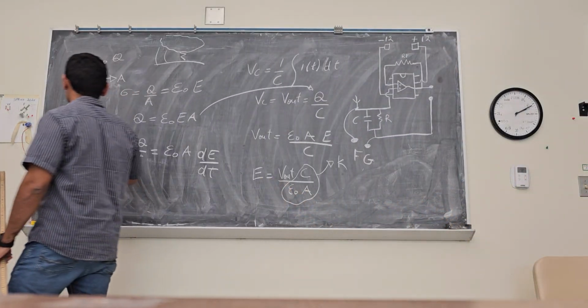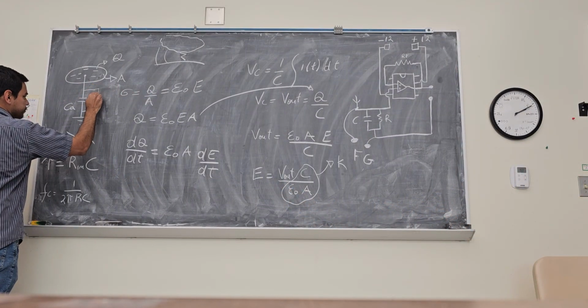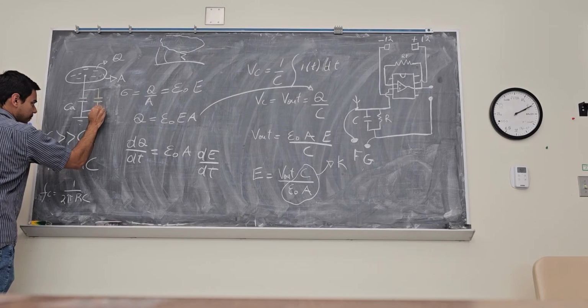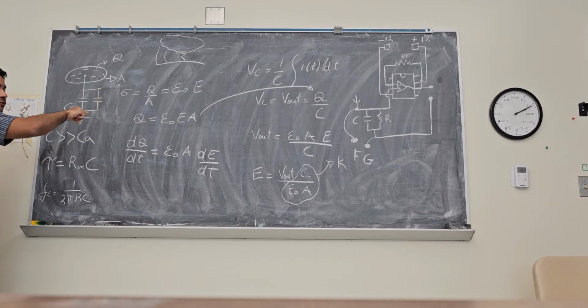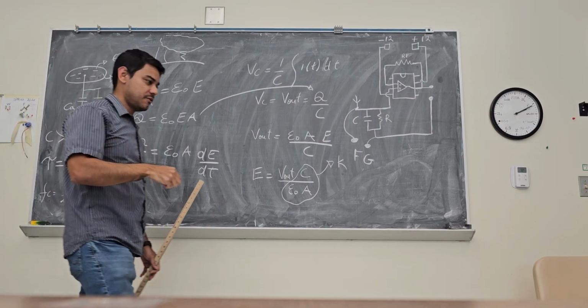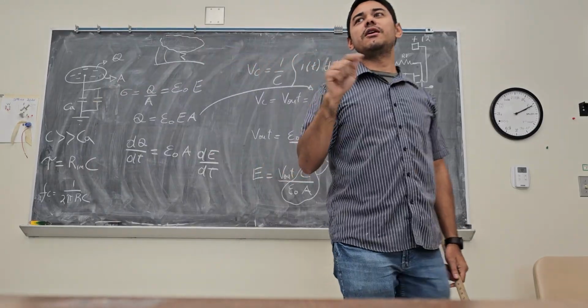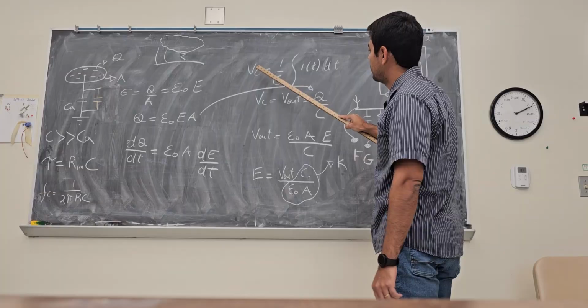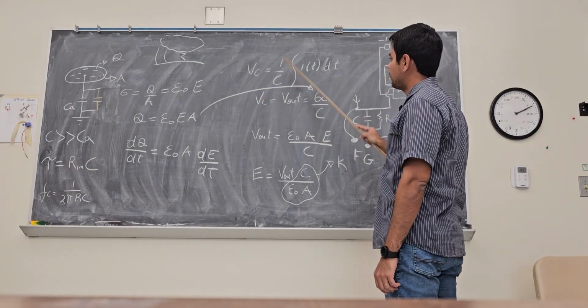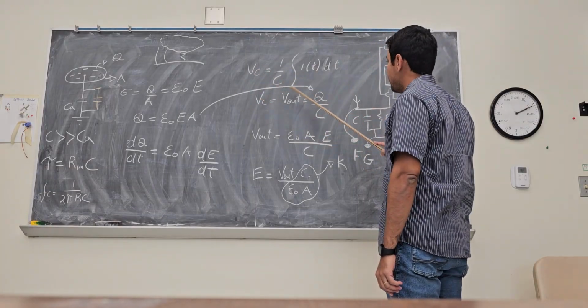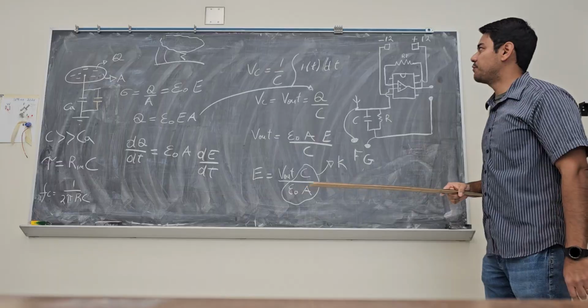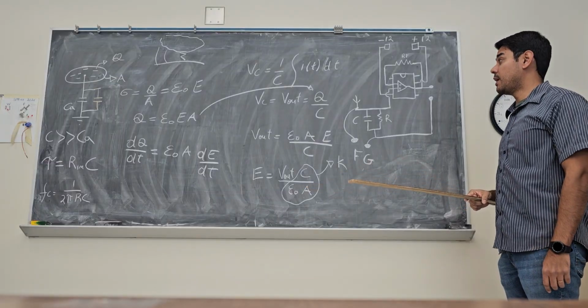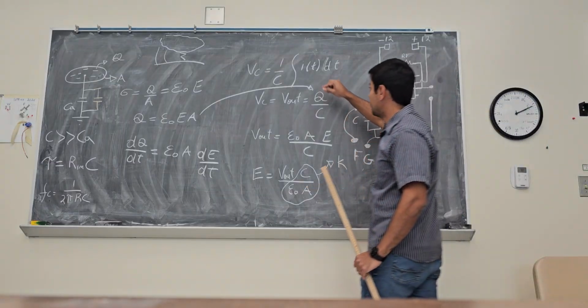So we place a capacitor, let's say here, and the output voltage of my capacitor is going to be proportional to the electric field. Why? Because the voltage across my capacitor is 1 over C times the integral of the current flowing through that capacitor. Okay?